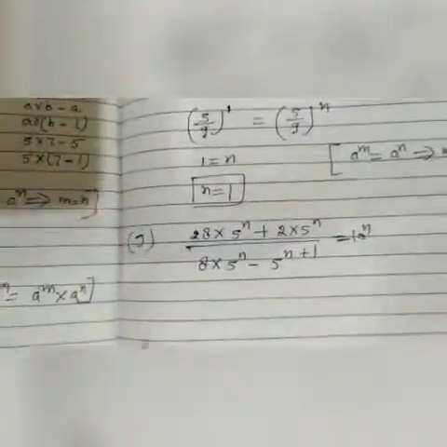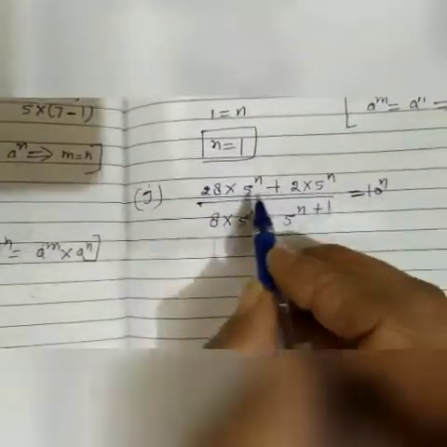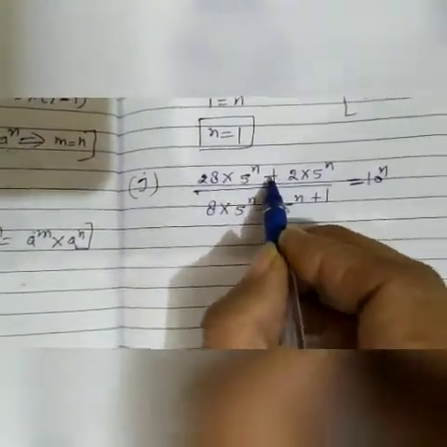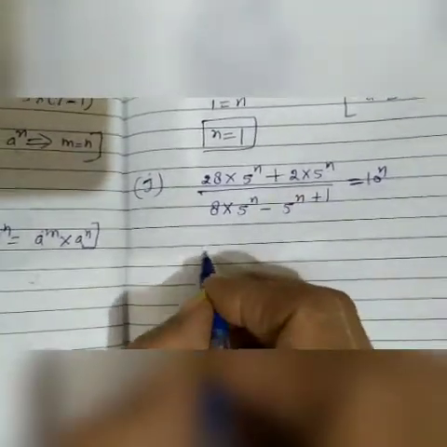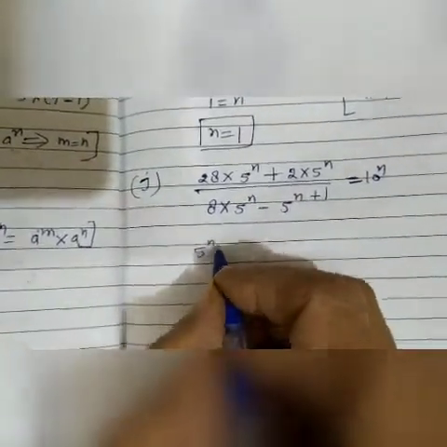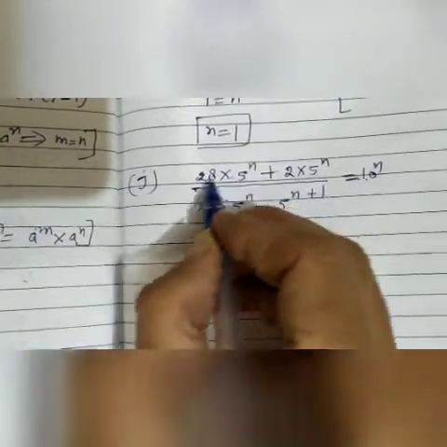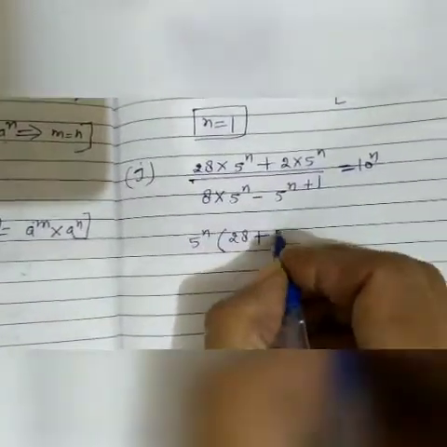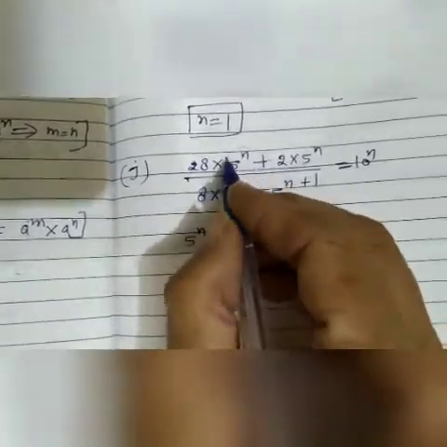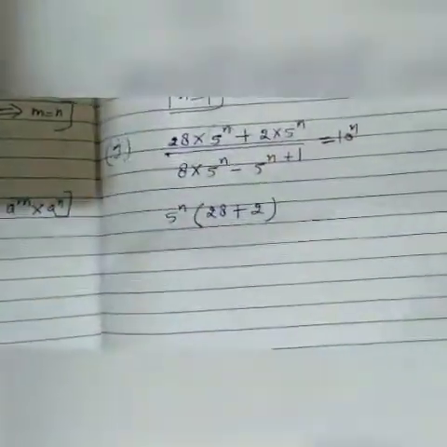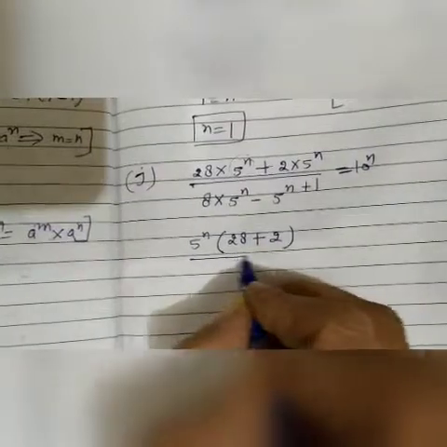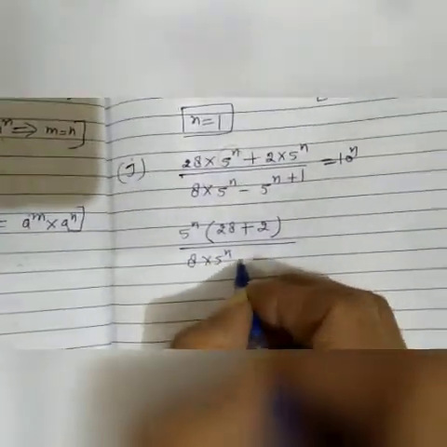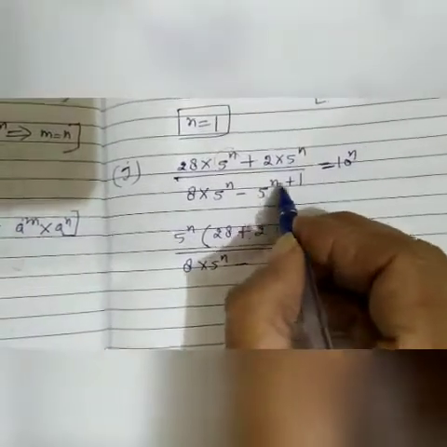See students, in the numerator there are two terms, 28 into 5^n plus 2 into 5^n. We can take 5^n common from here. So from the first term 28 is left, plus from the second term 2 is left. We have taken this 5^n as common. Upon this is 8 multiply 5^n minus 5^(n+1).